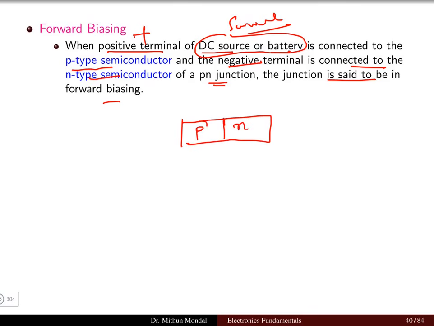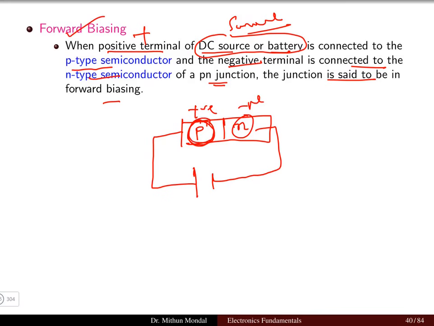P stands for positive and n stands for negative, so that we can remember that in the forward bias condition, the p-type material is connected to the positive terminal of the battery or source, and the n-type is connected to the negative of the battery. That is said to be forward bias.